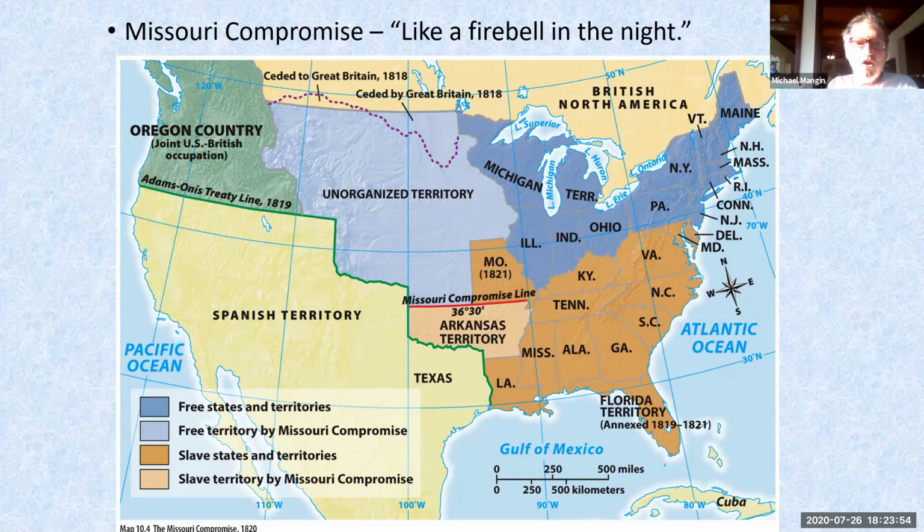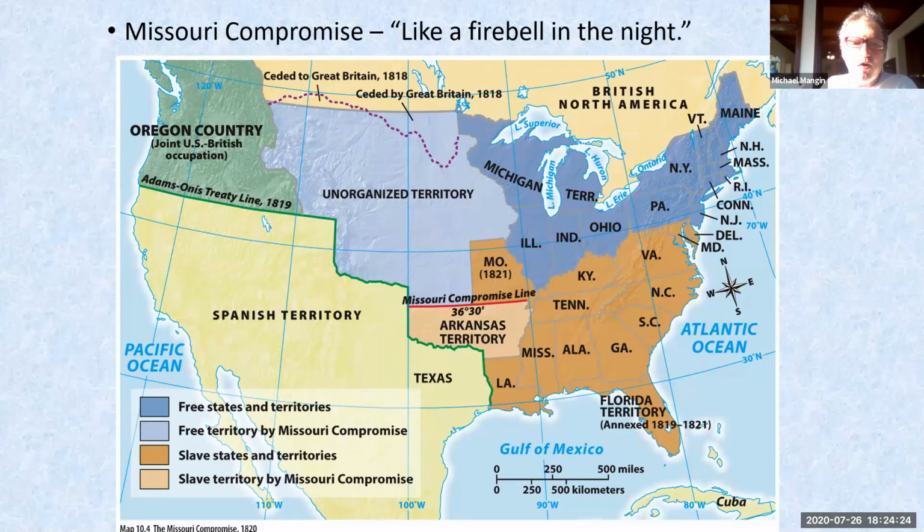Finally, Henry Clay worked out a compromise, the Missouri Compromise, that admitted Missouri as a slave state and admitted Maine as a free state. Maine, up to this point, had been a province of Massachusetts, believe it or not. So those two states were admitted, and there you see the Missouri Compromise line.